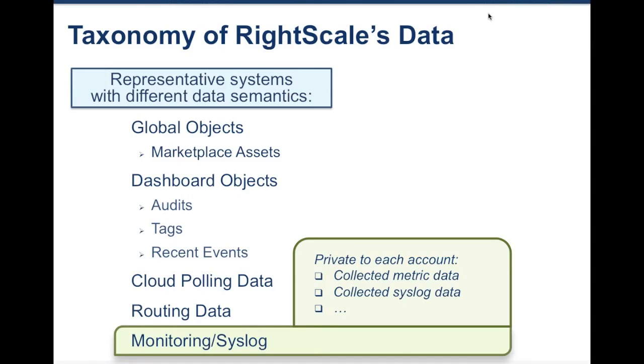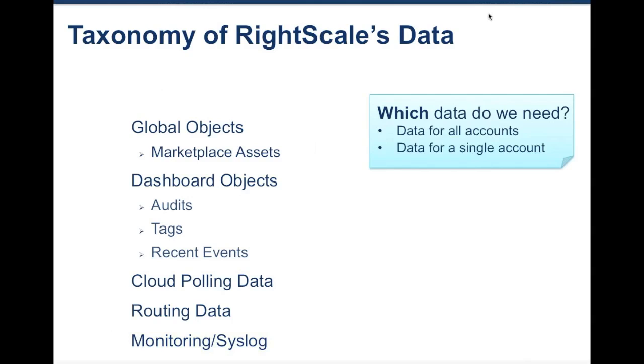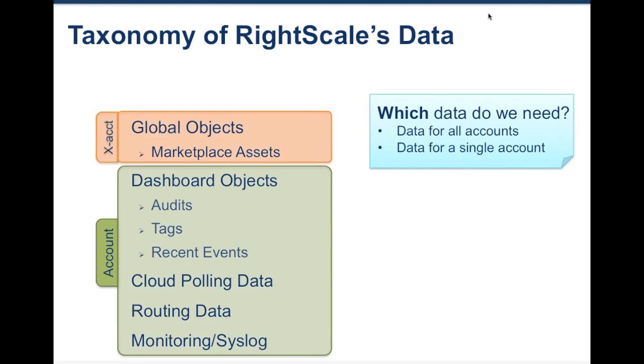Okay. So once we have these five classes of objects, we can classify them based on two different dimensions. One dimension is which data we need. One concept is data that needs to be visible on all accounts, and the other is data that is visible for a single account. If we partition the data based on that, global objects have to be visible across accounts, and that's one classification.